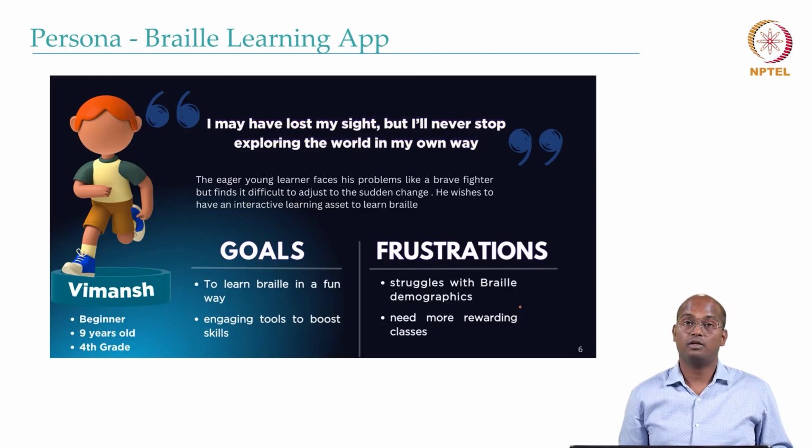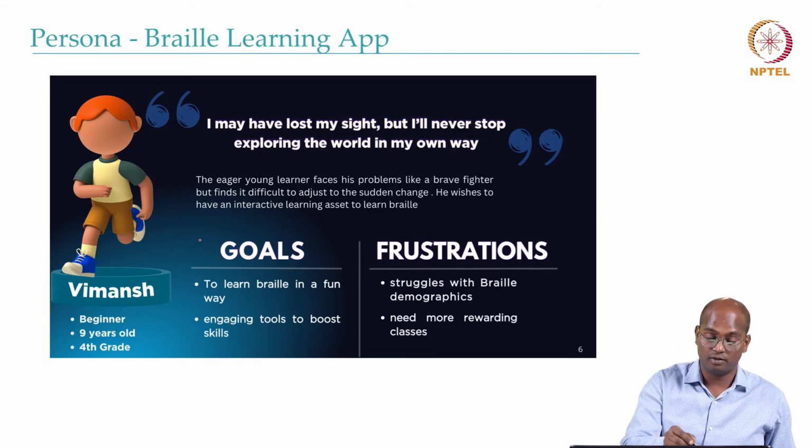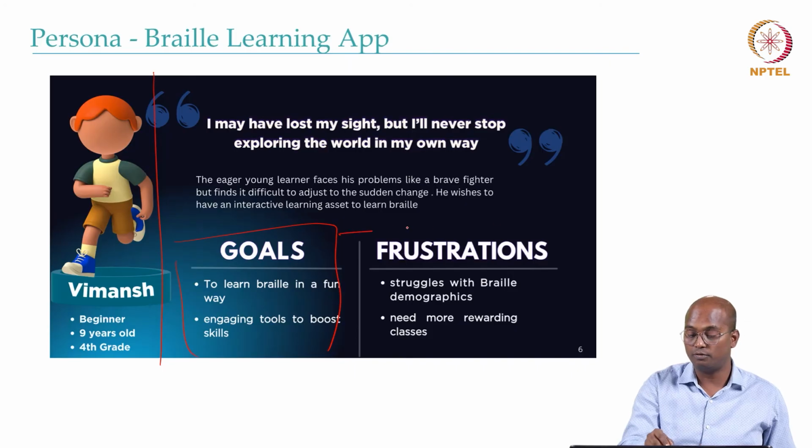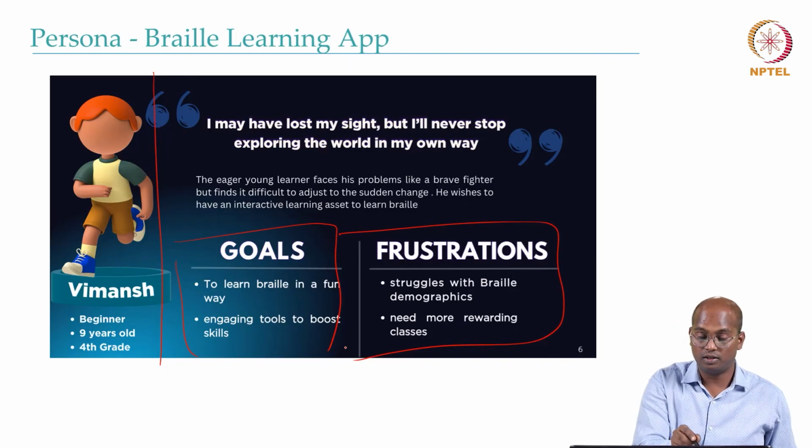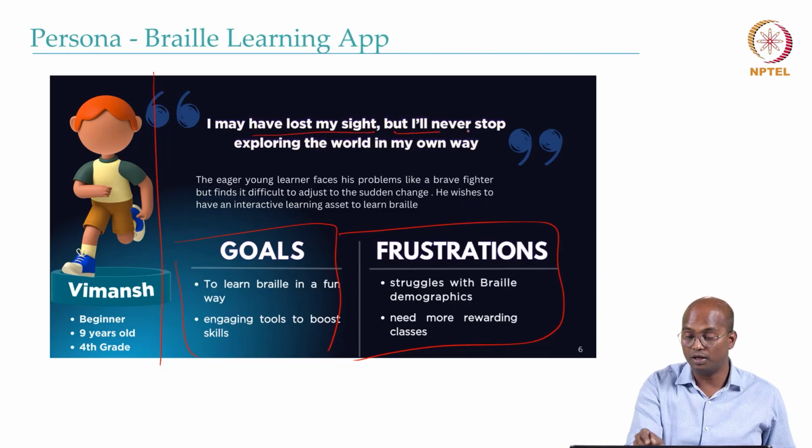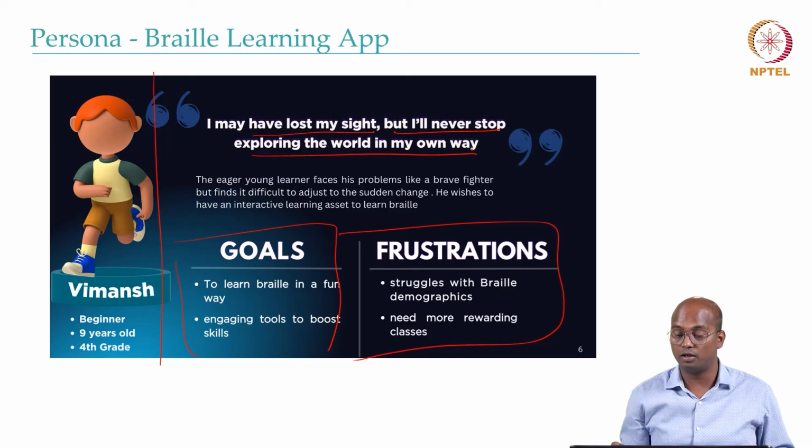So for different persona, as we discussed, we have to find who they are, what are their goals, and what is the frustrating point. So in this case, you can see here, Vimansh said, I may have lost my sight, but I never stop exploring the world in my own way.